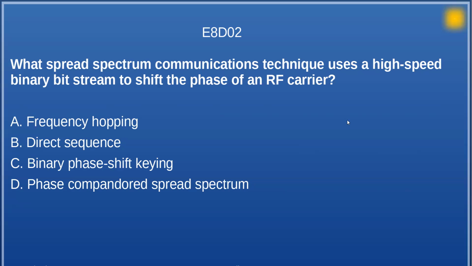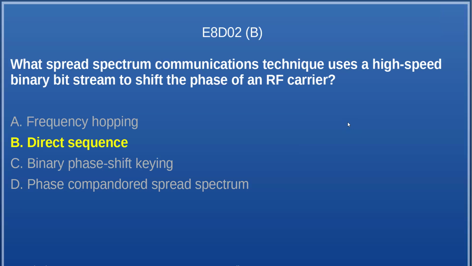Well, you originally said Barker codes, and this is not including that as an answer. Well, a lot of these questions, the answers they give you will be a subset of correct things.